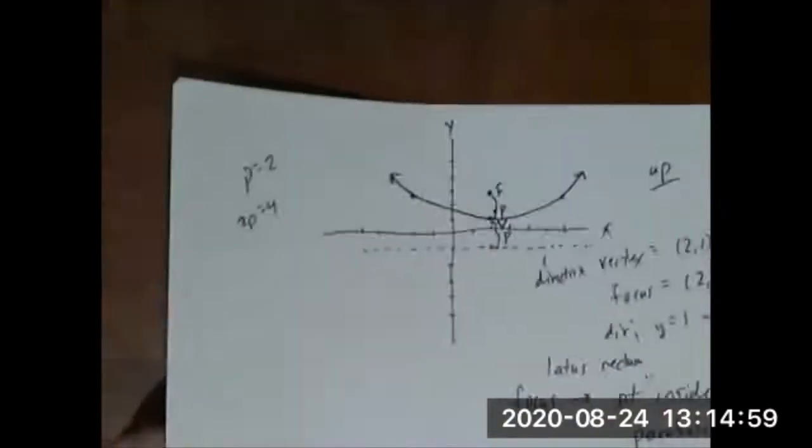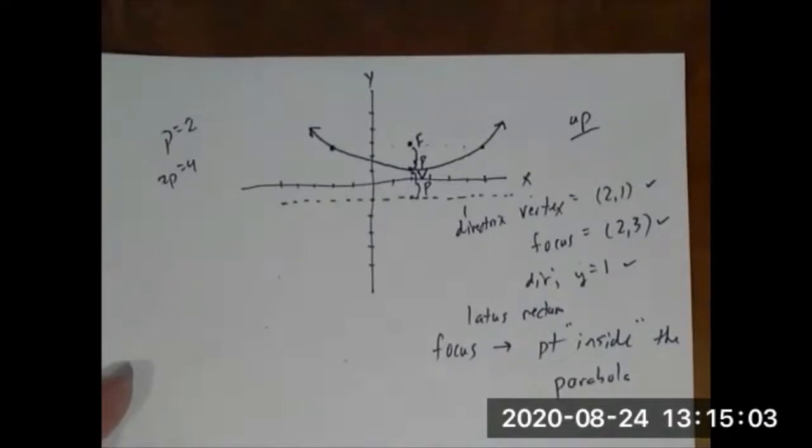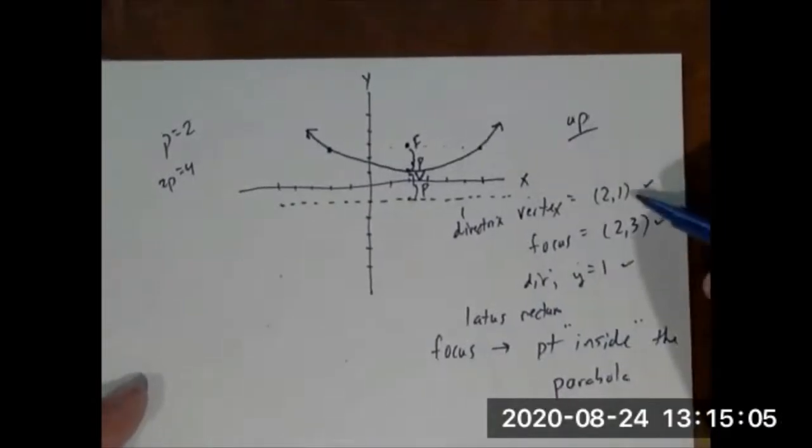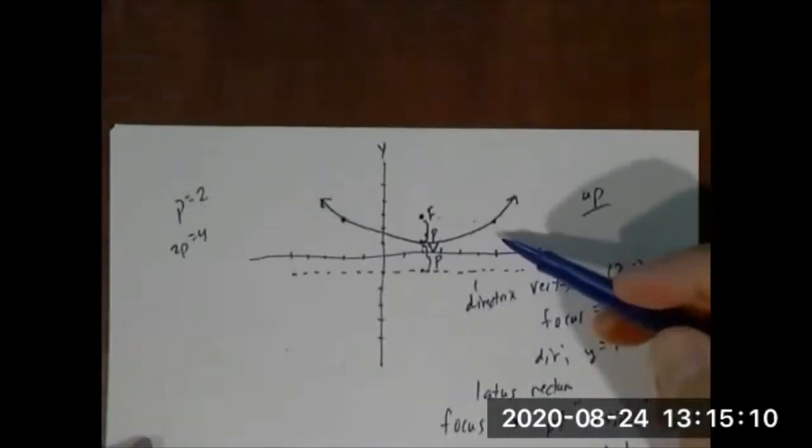This is a pretty wide parabola, opens up slowly. But there's a rough sketch of the parabola. So now I've answered the question: vertex, focus, directrix, and I've graphed it.